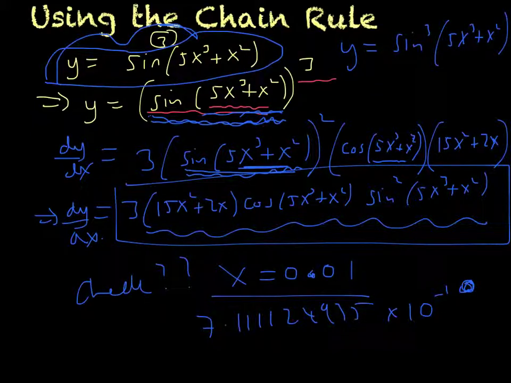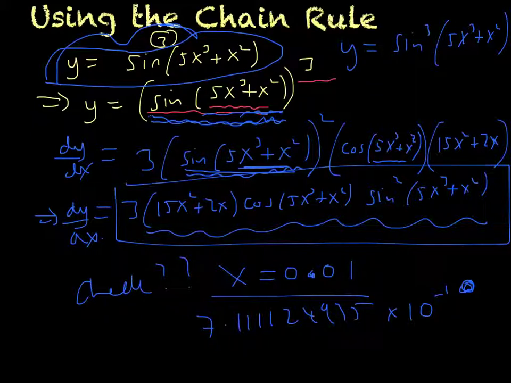I just need to go, if I've got the Casio calculator, shift integral button, you've got that d over dx thing there, so I'm going to put bracket sine of 5 alpha x all cubed plus alpha x squared, and everything within there is to the power of 3, so make sure that you've got your bracket system right. So everything is to the power of 3. 1, 2, 3, 1, 2, 3.